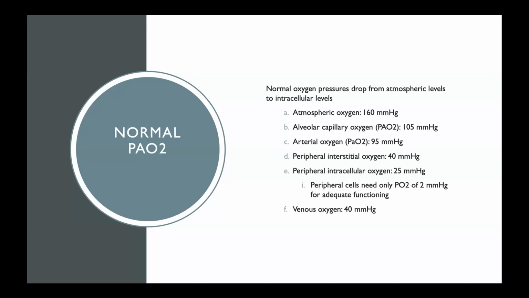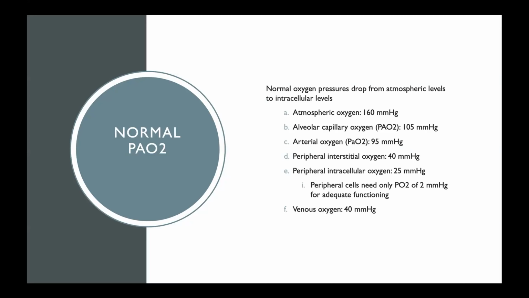The difference of 10 from 105 to 95 is the gap between the lung capillary and the arterial blood gas, the alveolar-arterial gap.